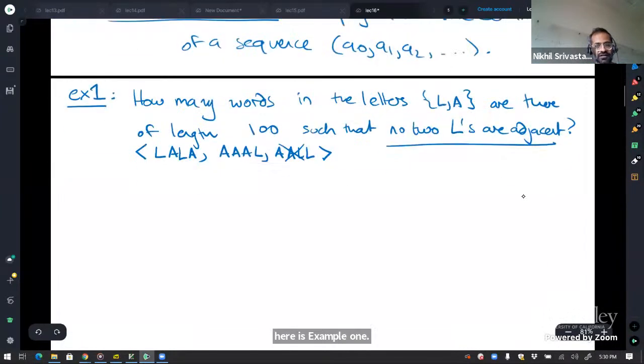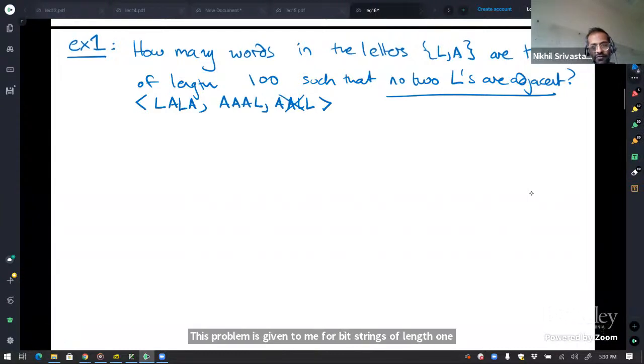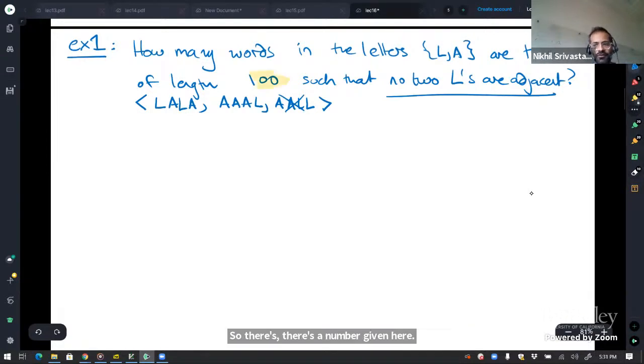So what's the idea here? Well, I'm going to define a sequence. So right now, this problem is given to me for bit strings of length 100, right? So there's a number given here. But what I'm going to do is consider this problem for bit strings of any length, right?